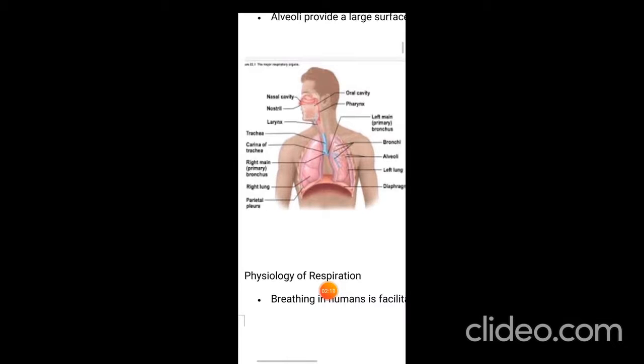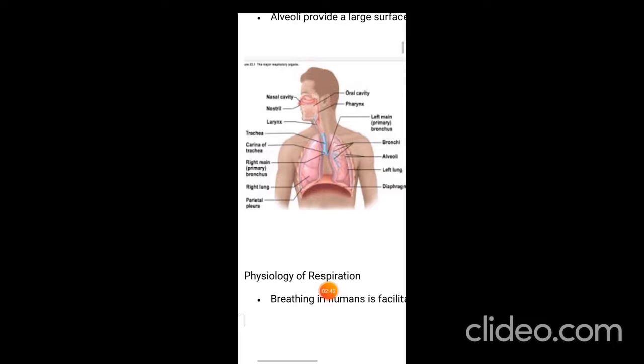and this trachea is protected with C-shaped cartilage. In this diagram, the C-shaped cartilage is shown in a sky blue color, and the trachea is divided into two branches, one to the right side and another to the left side.